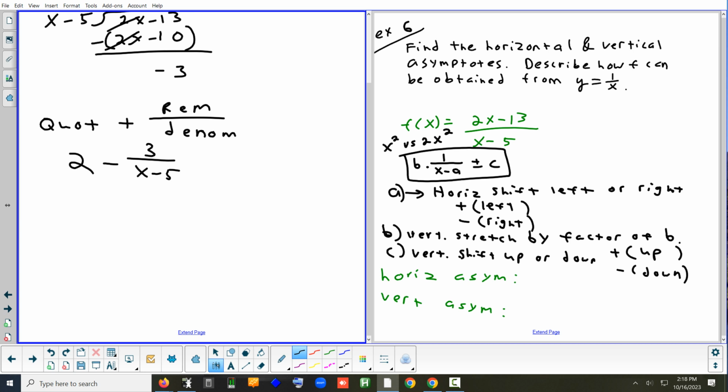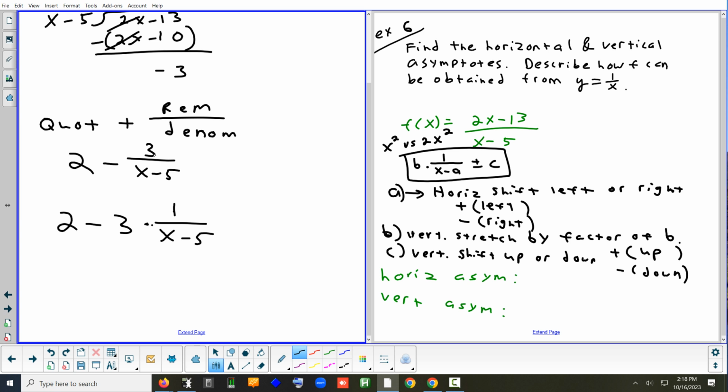What I want in the top is a 1. So the way we get a 1 in the top is we're just going to take the 3 and put it in front. So let's put the 3 in front. So 2 minus, and then you'd have something like this: 3 times 1 over x minus 5. If you multiplied it back out, what's 3 times 1? 3.